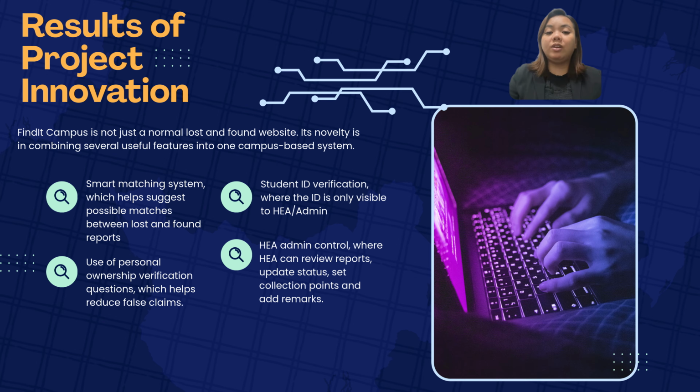The second innovation is the use of personal ownership verification questions, which help reduce false claims. This is important because the system must make sure that the claimant is the rightful owner. The third innovation is the student ID verification, where the student ID is only visible to HEA admin. This supports identity verification without exposing student information to other users.